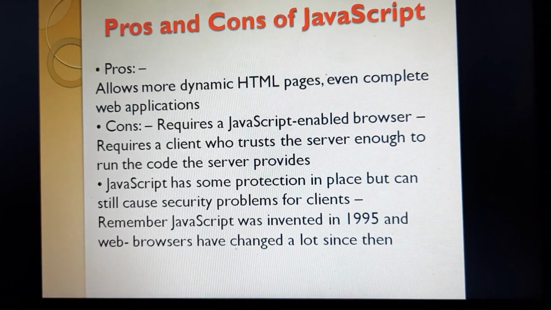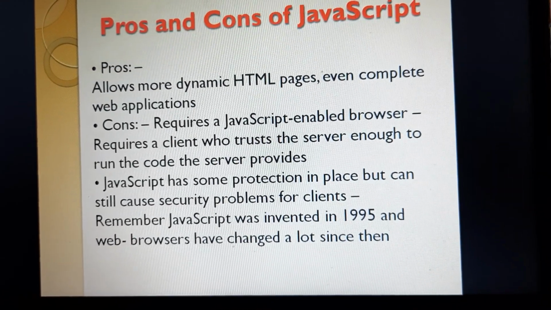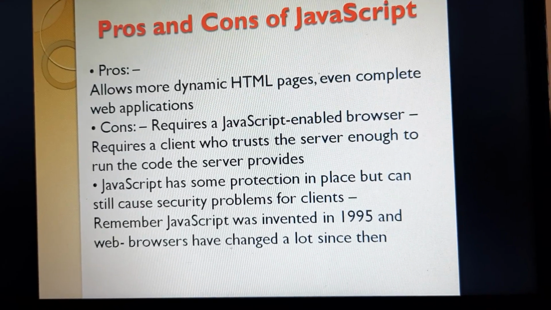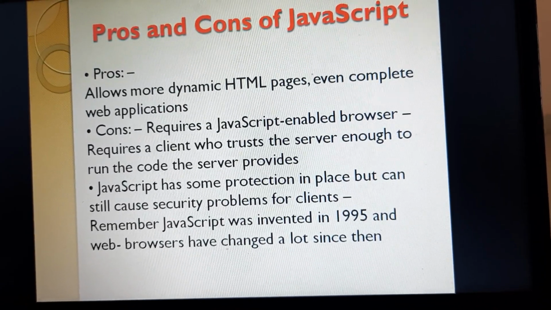It requires a client who trusts the server enough to run the code from the server. JavaScript has some protection in place, but can still cause a security problem for clients.